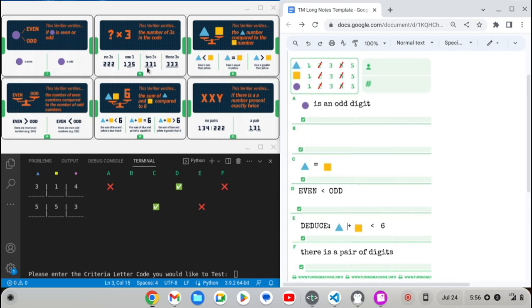And now, is there a 3 or not in order to choose circle? So let's go ahead and test criteria card B, and there isn't. So that means that the solution would be 115.